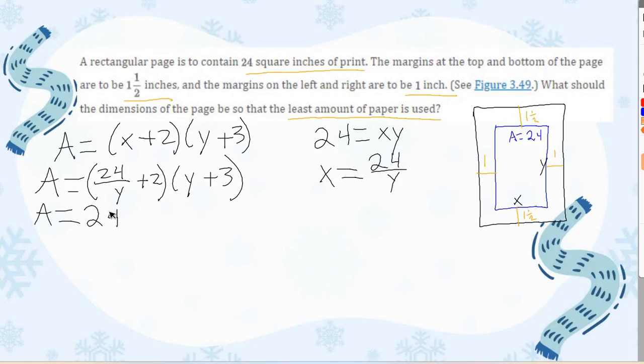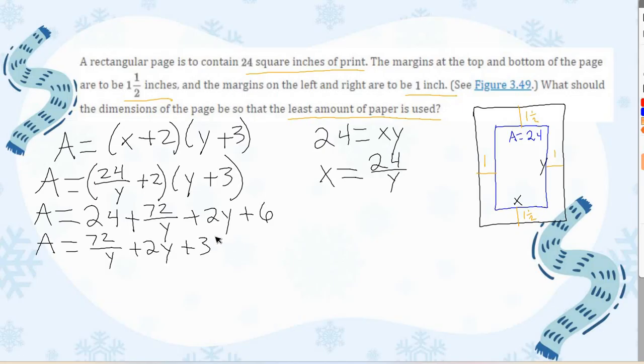What is 24 divided by y times 3? 72 over y. And then 2 times y? 2y. And then 2 times 3. That's 6. So then just combining our like terms. Now do we have a much nicer equation to take the derivative of?